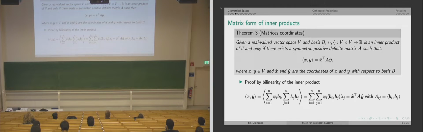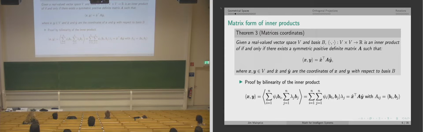So if you express the two vectors as a linear combination of the basis vectors, and then by bilinearity, you get a bunch of inner products between the basis vectors, and this ends up being the coefficients of A. And the coordinates psi i and lambda j are the coordinates of x and y in the basis.